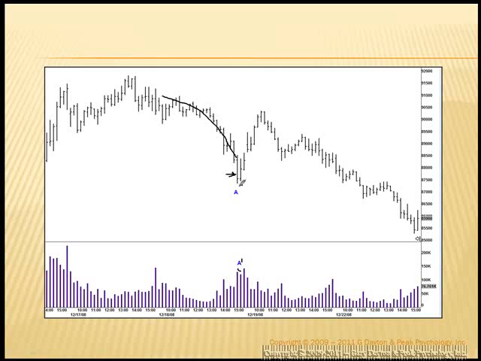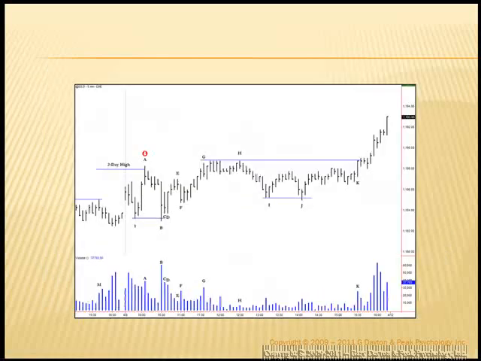In fact, couldn't even go below A before buyers stepped in. And then on the next bar, buyers pushed it up. And so that stopped the down move, at least for the time being. Later on, it proceeds to go down. But you get the idea that when we see volume swell like this, the market's going to stop.